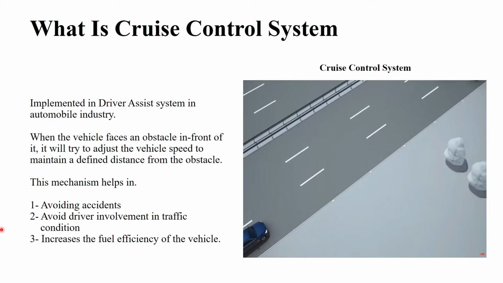Then it will also increase the fuel efficiency of the system, as we as drivers are not operating the system by ourselves. The system will know how efficiently it can operate, so that it will be more fuel efficient in this case.